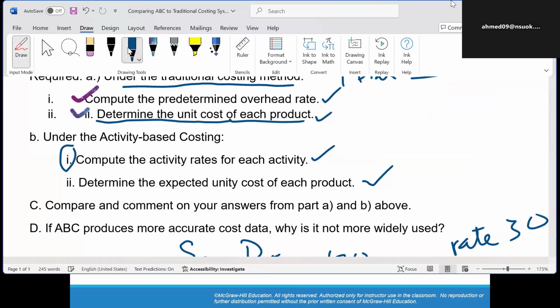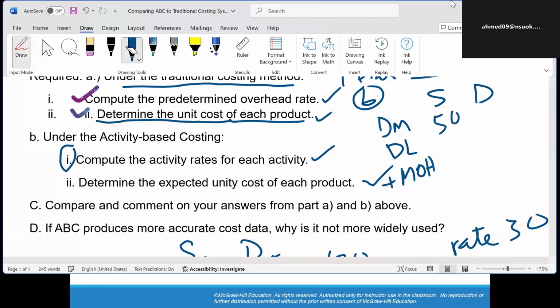The activity base: direct material, direct labor, plus MOH, which is manufacturing overhead.